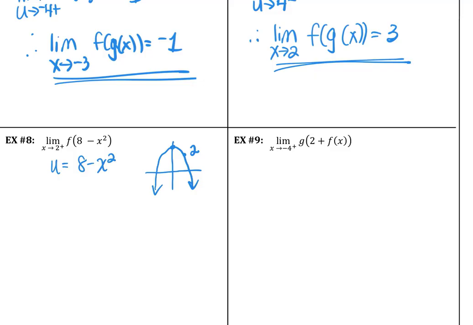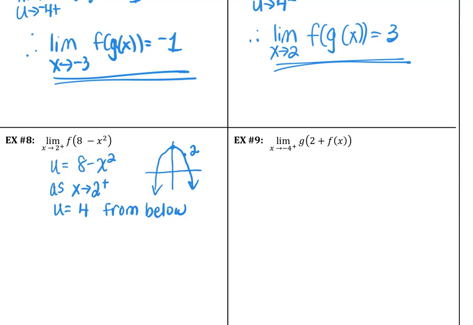By direct substitution, our limit at 2 is going to be the y value. So as x approaches 2 from the right, our y value is going to be approaching 4 from below. And I'm using 2 from the right because our limit notation says to do that.